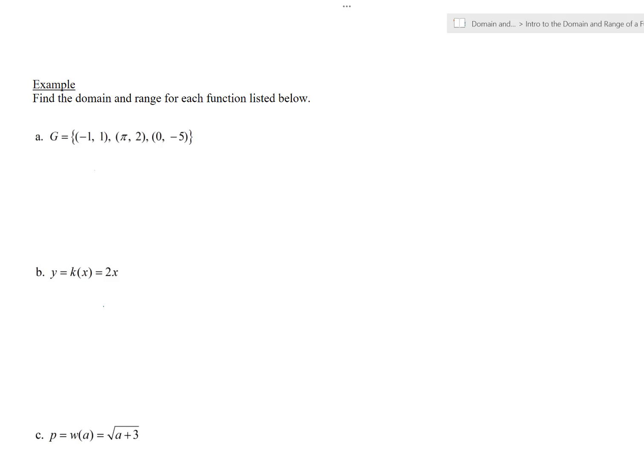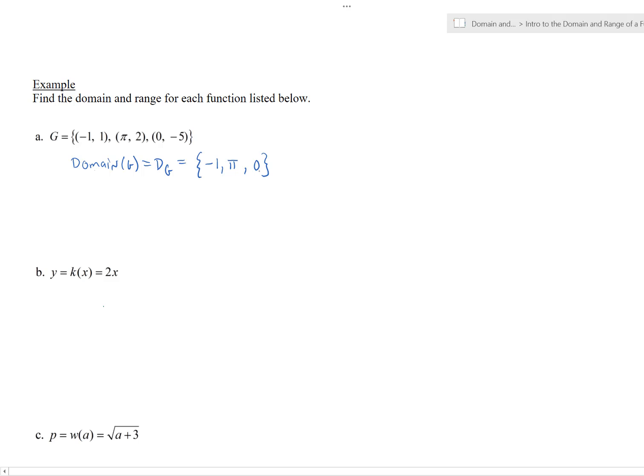In the first one, we just have a set G given to us, a set of ordered pairs. It's very much like the example we looked at earlier. So here, we just pick out the inputs. The domain of G, which we could also write, again, as D sub G, is just the set of all the input values we see, which are -1, our friend pi, and 0.